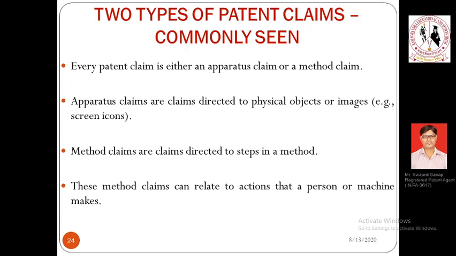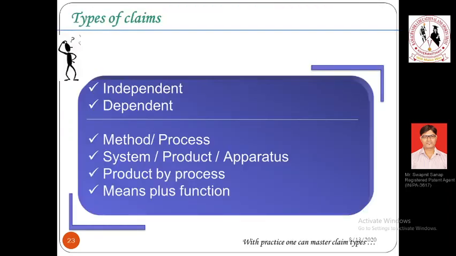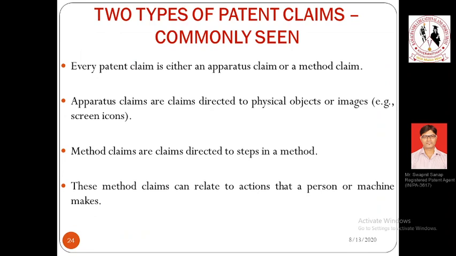Apart from this, there are many other things that we discussed, but they are of no use to you at the moment, because even if I explain, it will not be very helpful. Whatever your inventions would be, you may have to categorize them in either of these two categories, that is apparatus, device, system, or method or process.